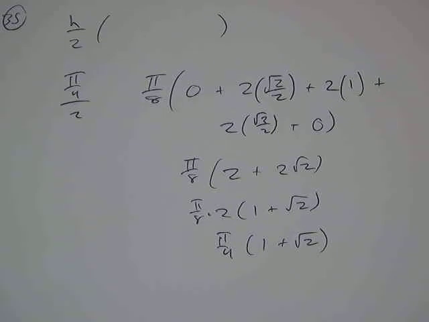Alright, what else? Page 318. How about the quick quiz problems on 319? Looks like the answers are on there. 1 is C, 2 is D, 3 is C, and 4 is free response.